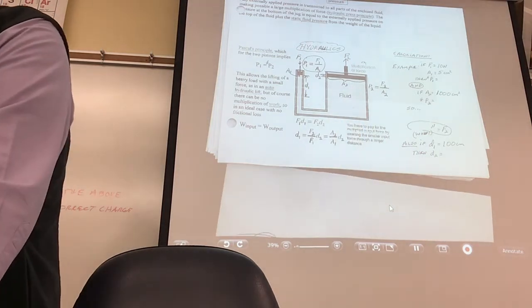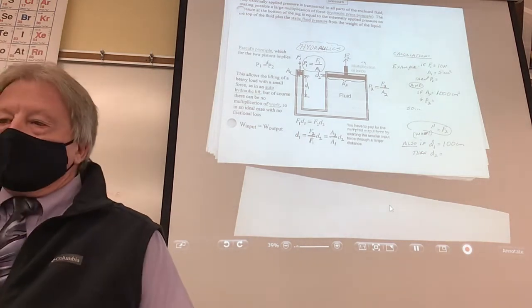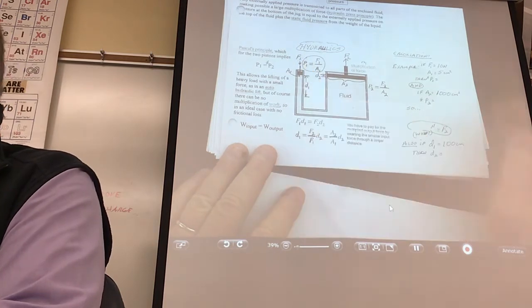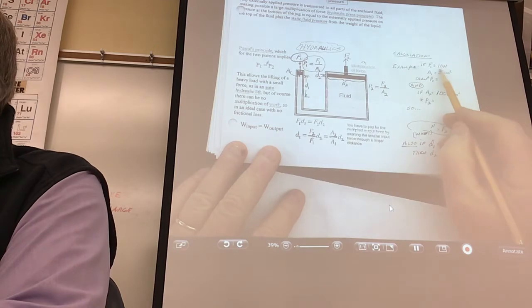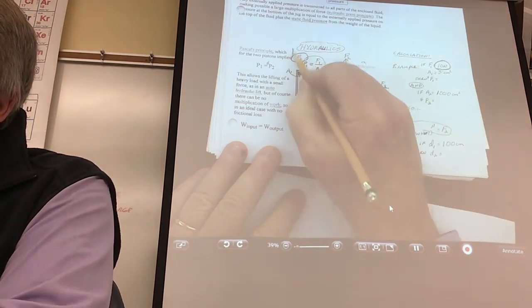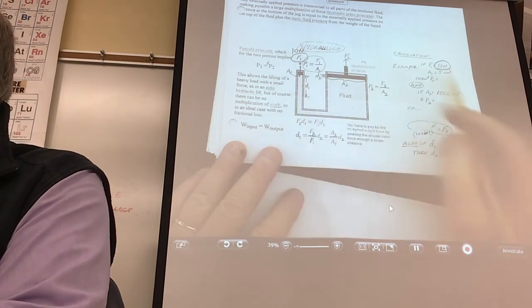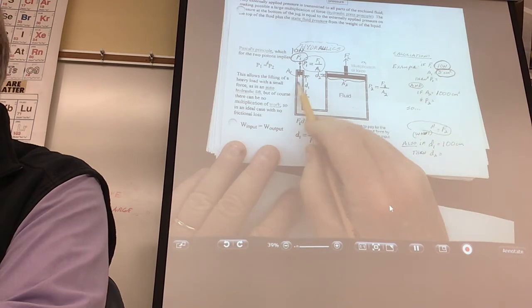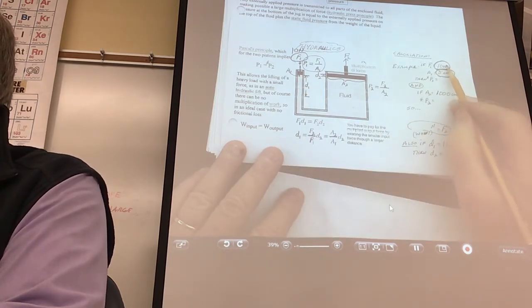Now, I want you to think about this. Try to do some of the math with me. What is the force over here? What is F1? It says F1 is about 10 newtons. What is A1? A1 is the area, and it's about 5 square centimeters. So what is the pressure that I'm going to create on this piston? Force per area.